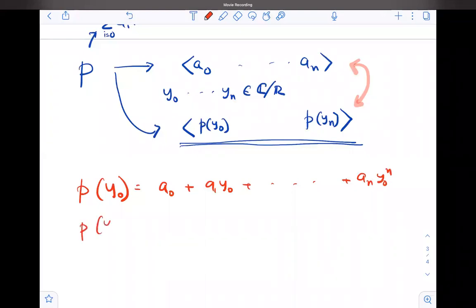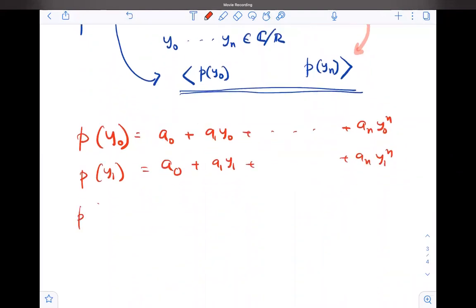What is P of y1? It's the same thing: a0 plus a1 times y1 plus, up to, an times y1 to the power n. What is P of yn? Same thing, up to an times yn to the power n.